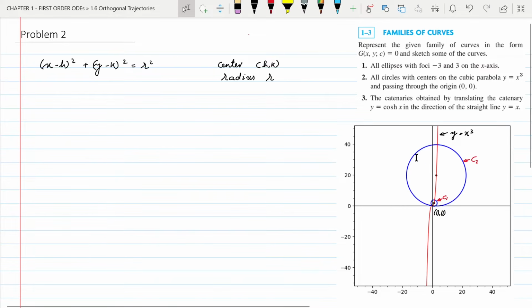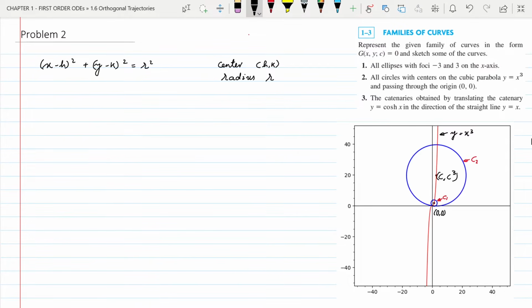Now since the center of the circles will be on the cubic parabola y equal to x cube, let us take any point on the cubic parabola. The x coordinate if it is c, then the y coordinate will be c cube, because you can see here, if we plug in x equal to c, then y will be c cube. So any point on the cubic parabola will be of the form c comma c cube, and the distance of that point from the origin can be calculated.